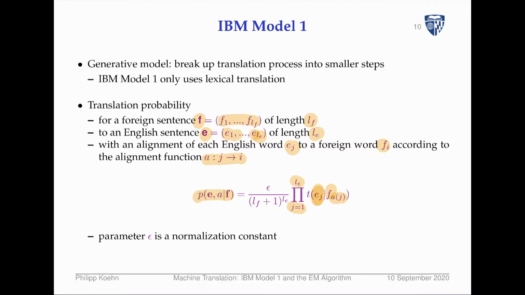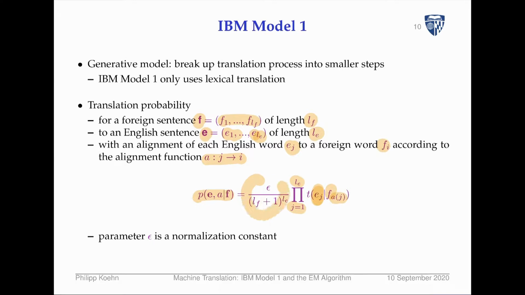So a of j here maps to an i, a foreign word position, and that's the foreign word that the English word is explained with. So we basically have to explain each English word, and we're going to do this by mapping it to some chosen foreign word according to the mapping function. That's really the heart of it.